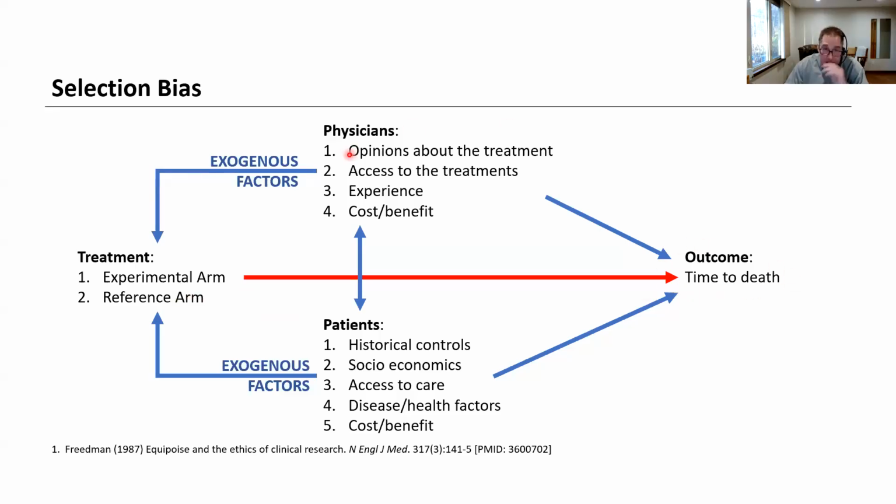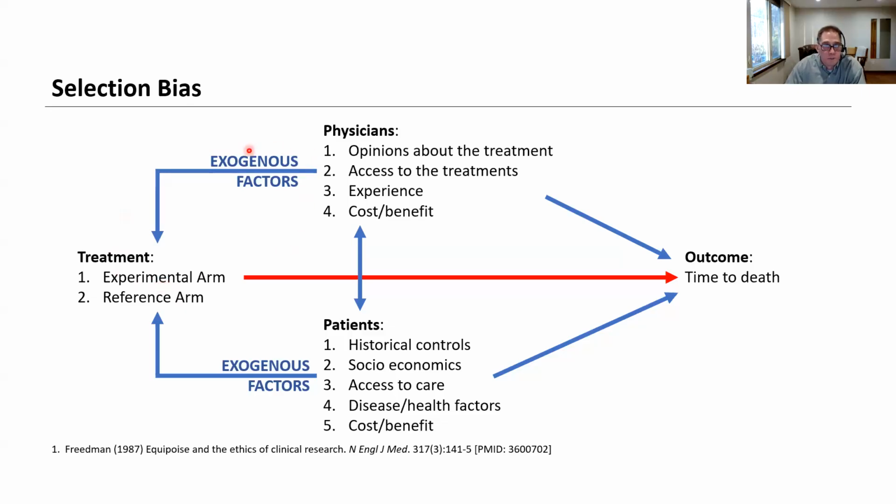So for example, if a physician doesn't think that the treatment arm works in a specific population, then he might not add those patients to that treatment arm. And if there are significant prognostic differences in those patients that he selects, then it introduces biases in the treatment effect estimates.